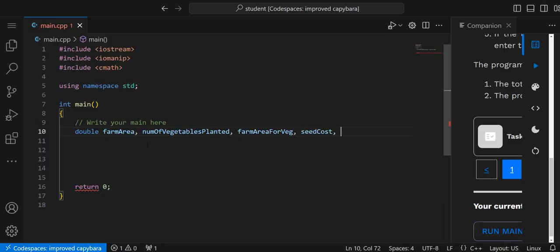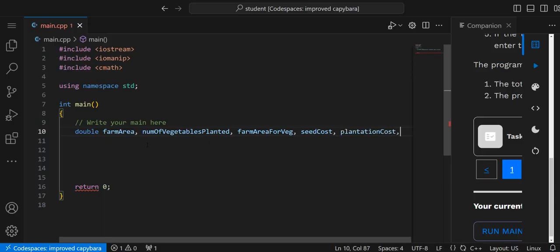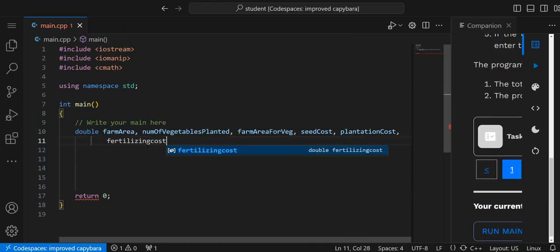And next, we have plantation costs. Fertilizing costs. Labor costs.